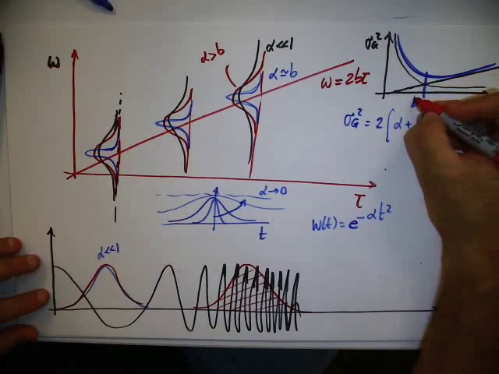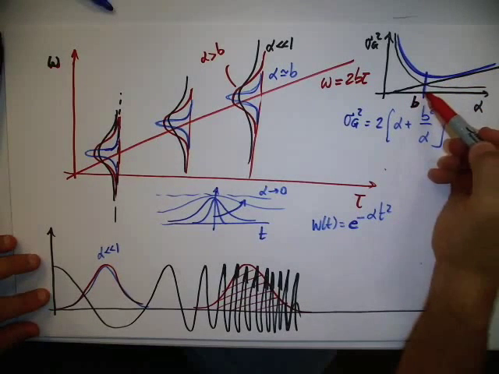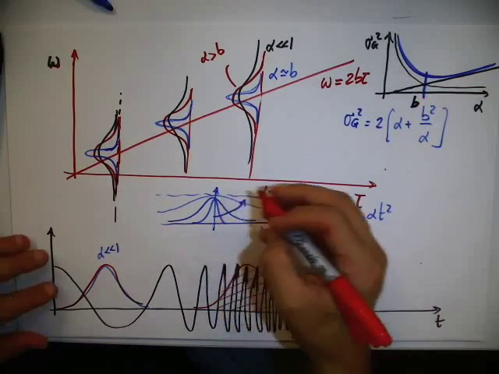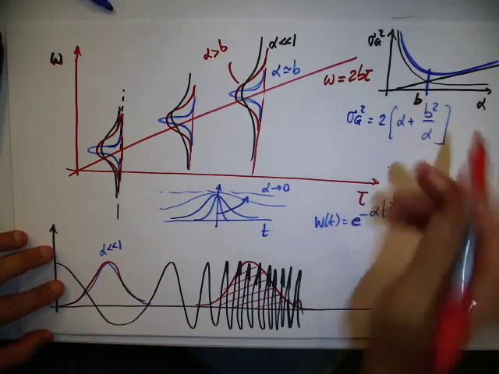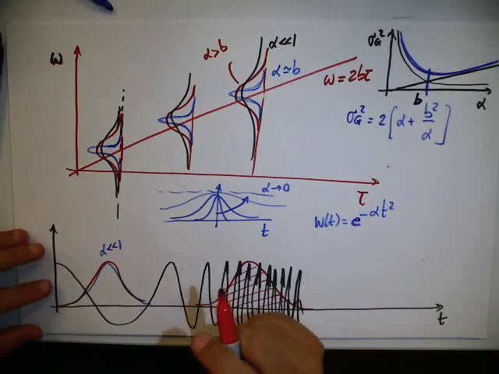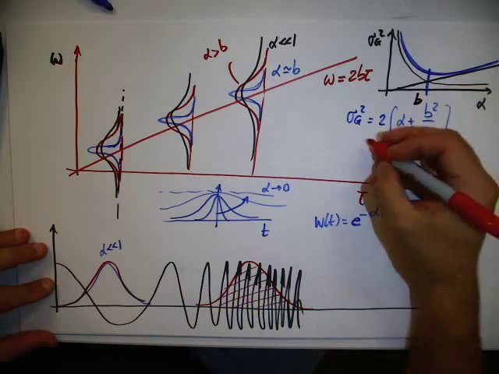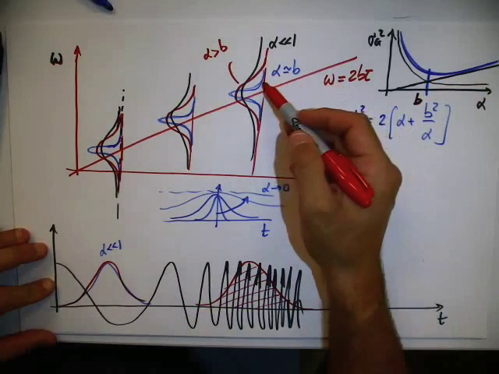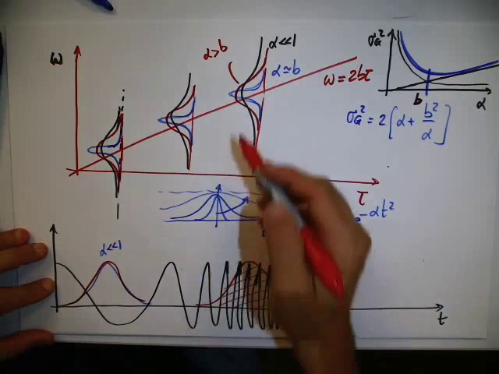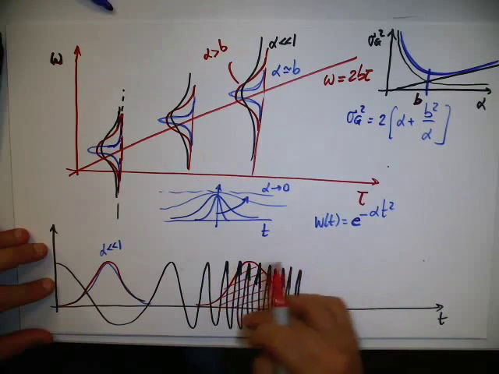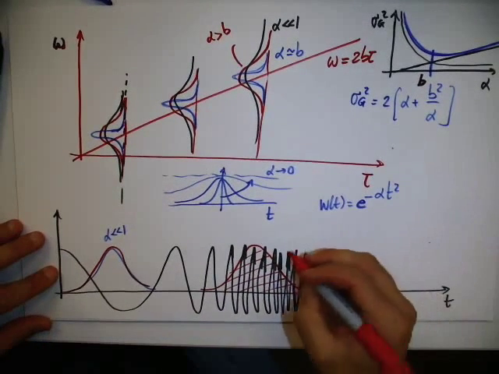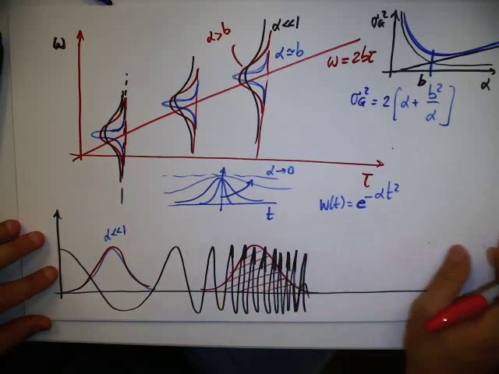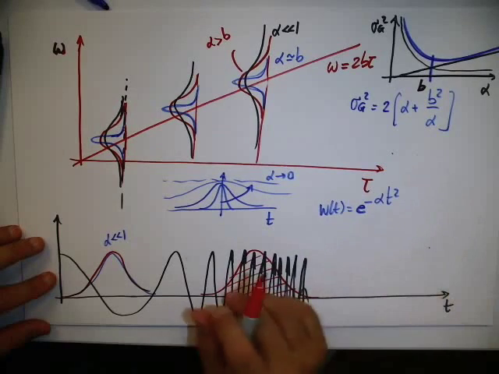Of course, there is a minimal width. There is an optimal length of the window that gives me the best localization in frequency, and this corresponds to alpha equal to b, which is able to detect all the changes in frequencies that occur as time goes on.